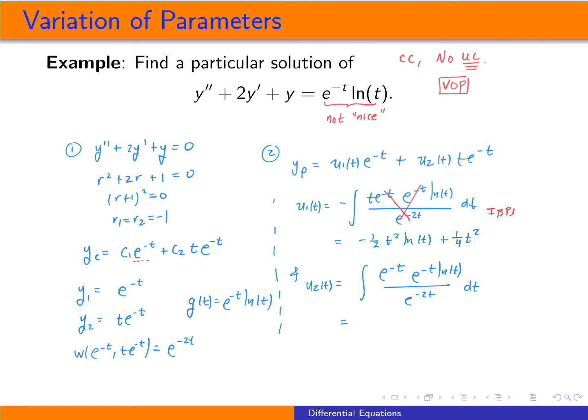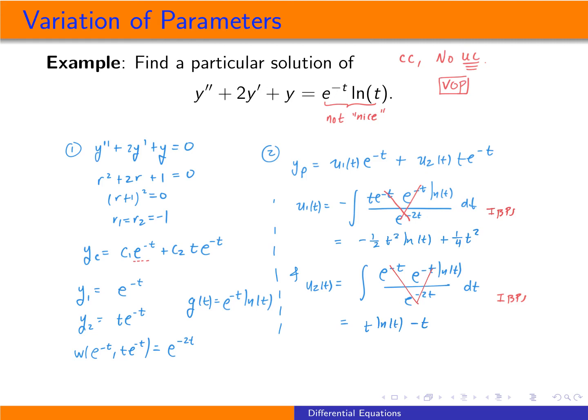And recall with variation of parameters, for u1 and u2, these are scenarios where we do not want to include a plus c. Similarly with u2, one application of integration by parts, once we realize all those exponentials cancel, will give us t natural log of t minus t.